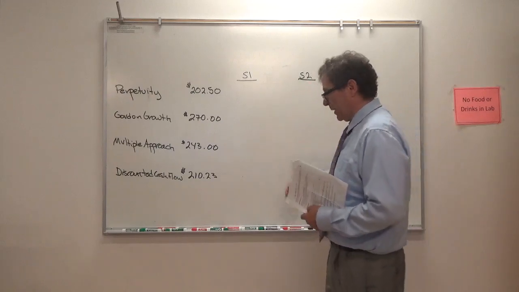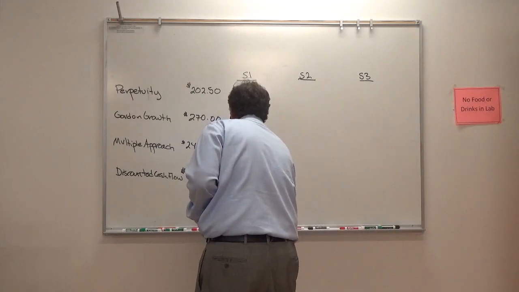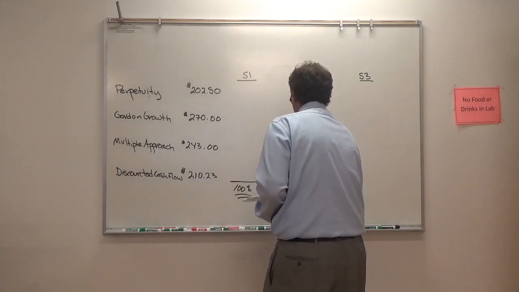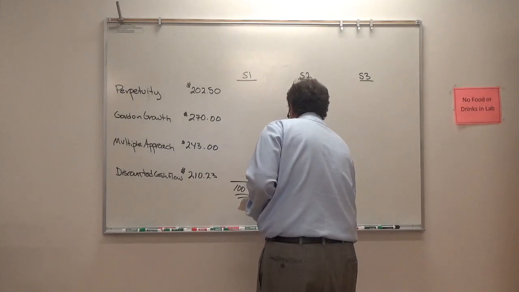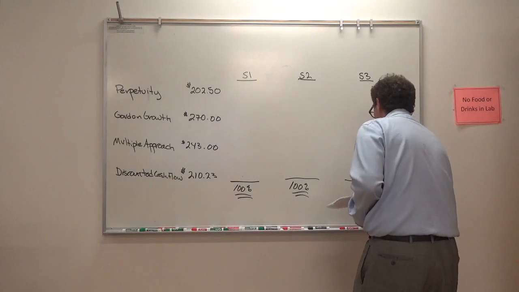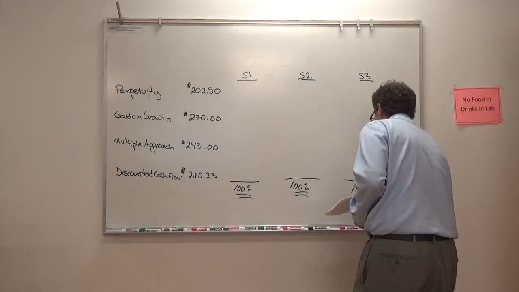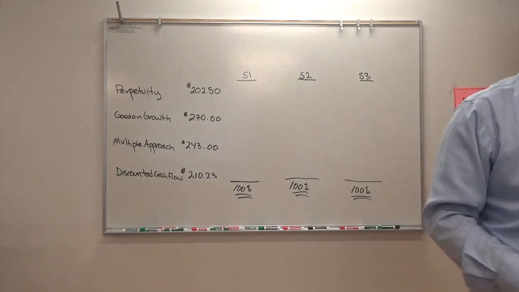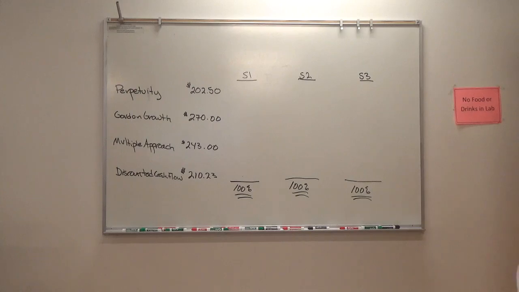Now what we have to do is come up with the scenarios, the weighting scheme. We had to come up with 3 weighting schemes. So which methodology is more theoretically correct for evaluating?